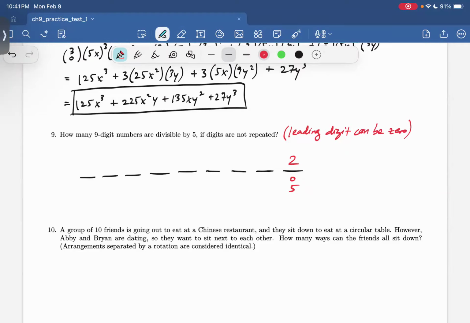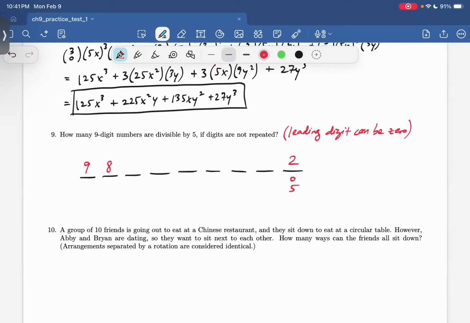Okay, so once I've chosen my last digit to be either 0 or 5, the first digit could be anywhere from 0 to 9, except whatever I chose for the last one. So that means I only have 9 choices. And then, right, I can't repeat the first digit for the second digit.